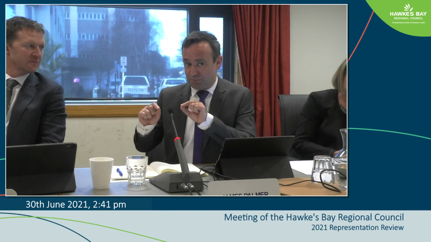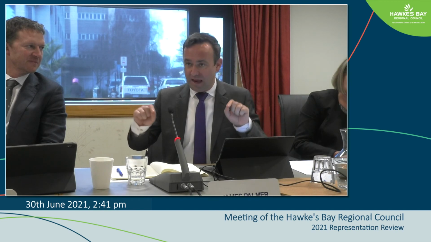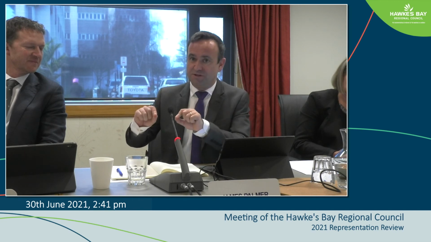So the decision to create 1 or more constituencies was silent on the number of Māori members, and that is precisely because that decision is a function of the decision on the total number of members. And that needs to be part of the process of the representation review and the steps that lie ahead. So apologies for any confusion and any presumption that has occurred. That is still a step to take.